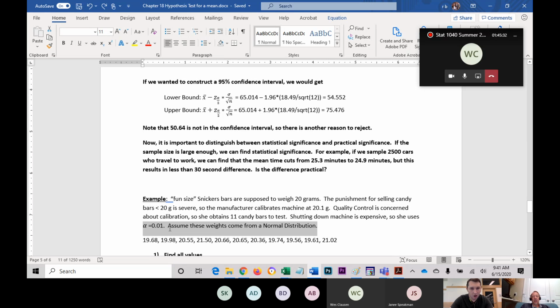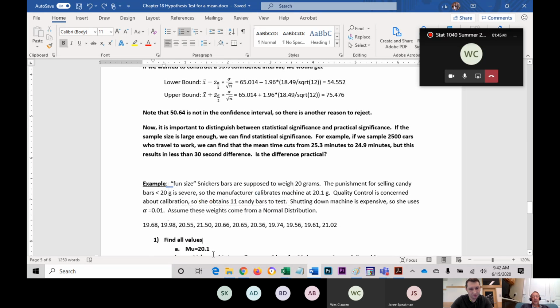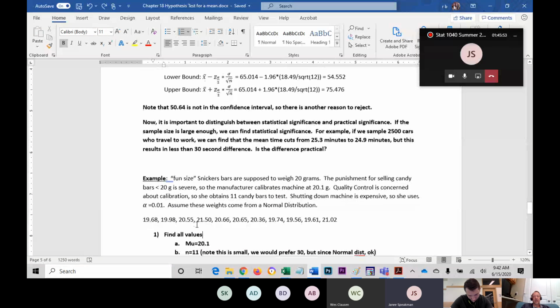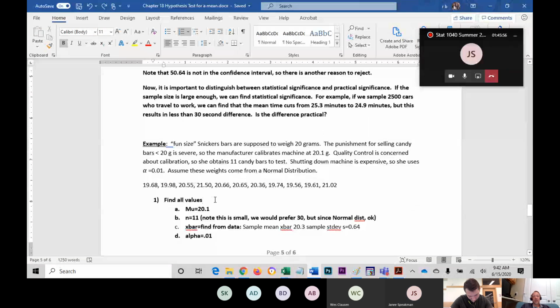Now, I'm going to ask Janie this question, and hopefully she's going to feel confident. Do you feel confident that you could find all the values? Yes, but does that mean I have to find all the values? Well, I would make you do it if we weren't out of time. We're going to use our mu. The question is, do you want a mu of 20.1 or 20?